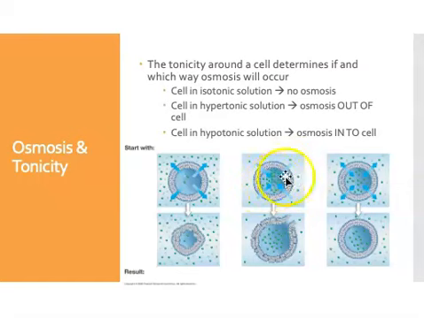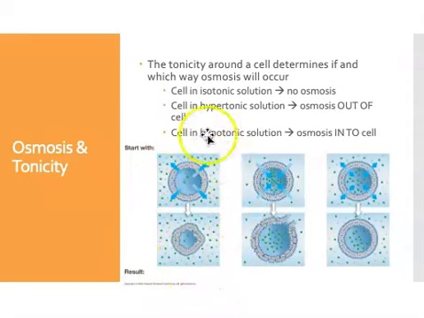If the particle cannot resolve this concentration gradient, water will. And water will flow towards the side where there are more particles. So water will flow into the cell. Osmosis will occur into this cell, and the cell will swell.